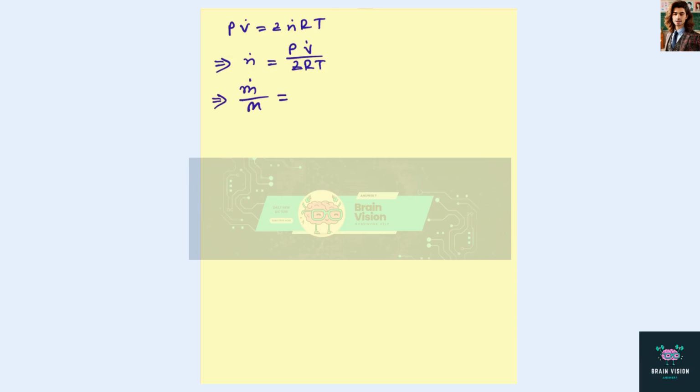We know that number of moles is equal to mass divided by molar mass, or mass flow rate is equal to volumetric flow rate multiplied by pressure multiplied by molar mass divided by ZRT. Let's insert all the values.